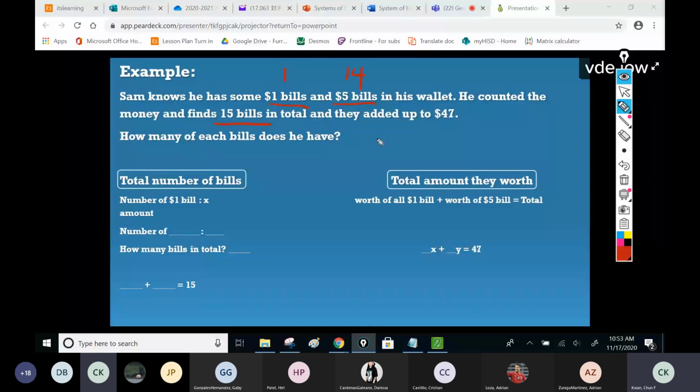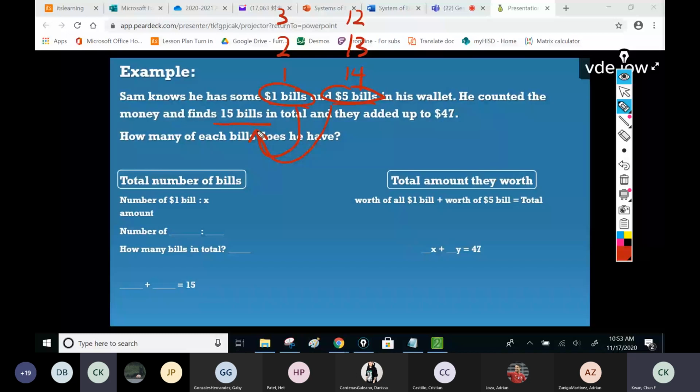It could be two $1 bills and 13 $5 bills. You really don't know, there are so many different combinations. You don't know how many of each, but you know the total of all the bills will add up to 15.